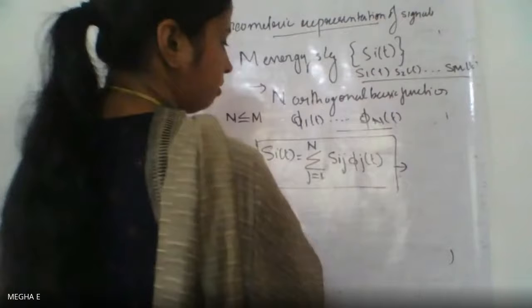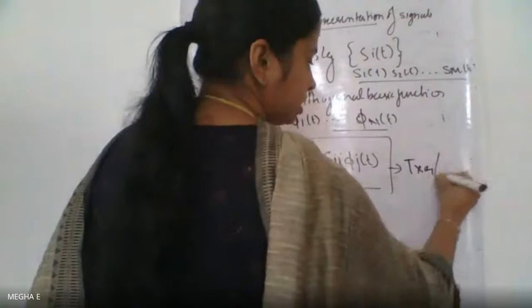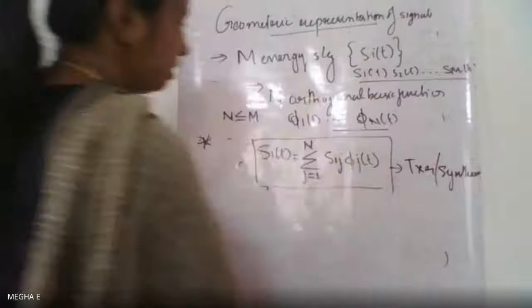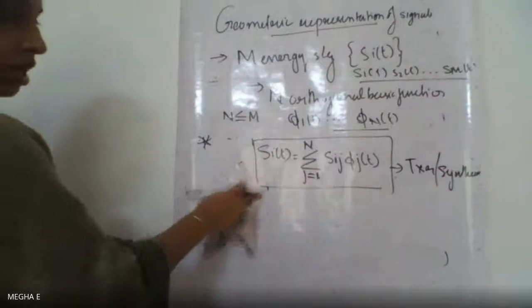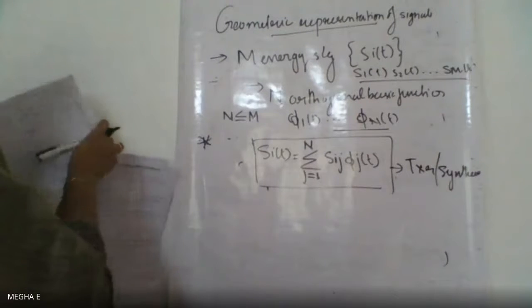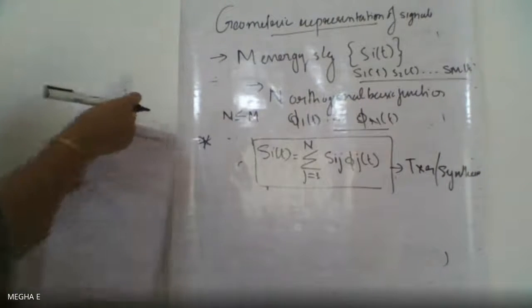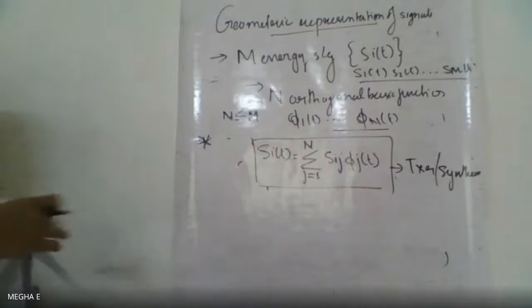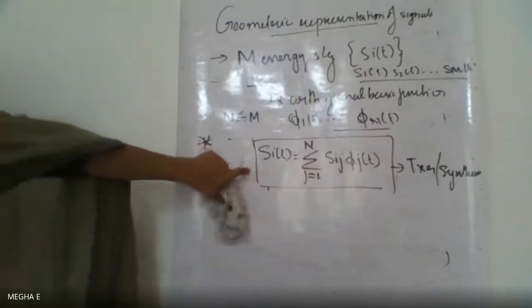This is the transmitter and synthesizer equation. This equation represents the synthesizer generating the signal s_i of t, the graph or diagram equation basis.